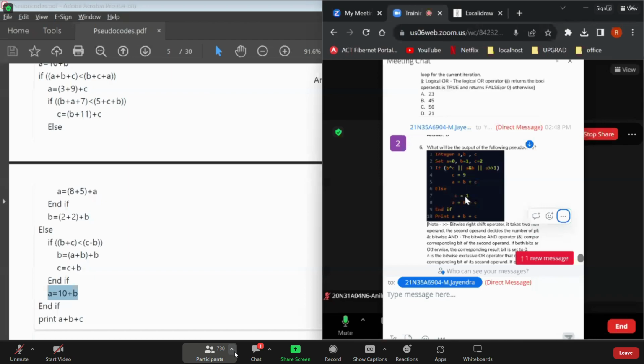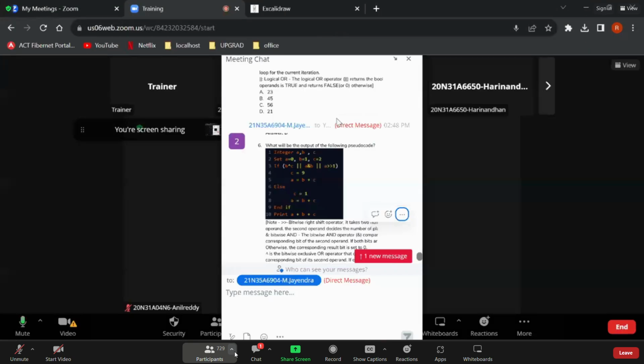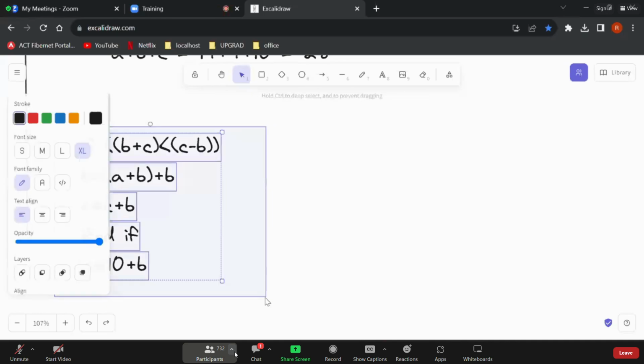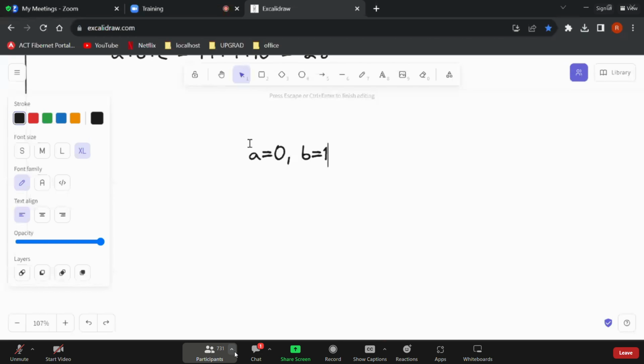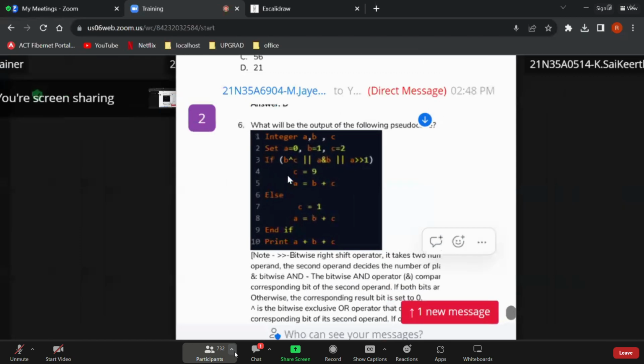Okay, let's discuss the question which you have right here. So A equal to 0, B equal to 1, C is equal to 2. I'll just write down the values. A equal to 0, B equal to 1, C is equal to 2. Okay, I can zoom it.